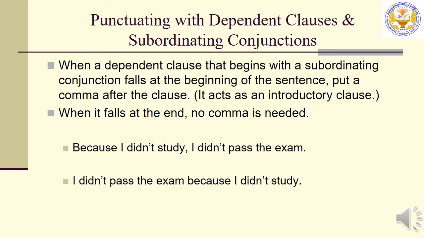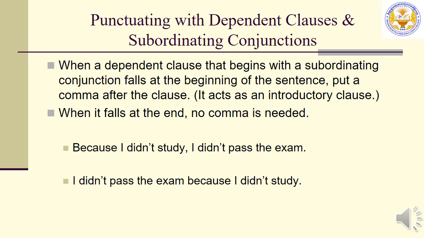So when we write a complex sentence, we will have at least one independent clause and one dependent clause. And a dependent clause begins with a subordinating conjunction. When we put a dependent clause at the beginning of the sentence, we need a comma to separate it from the main clause or independent clause.